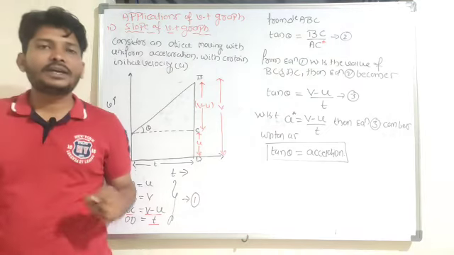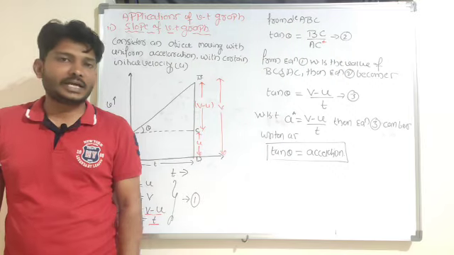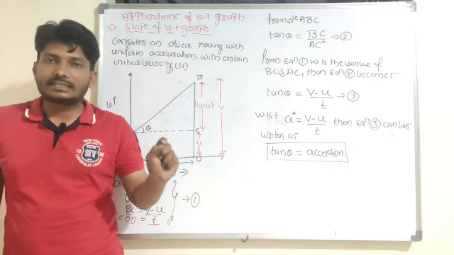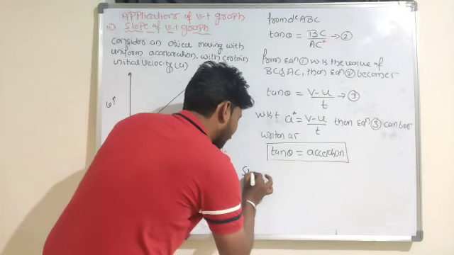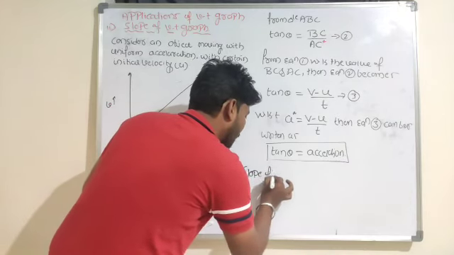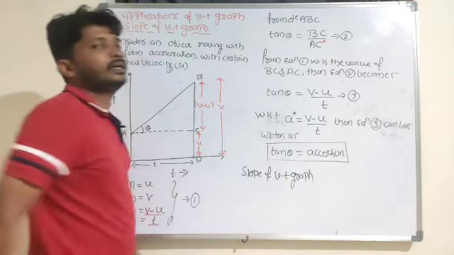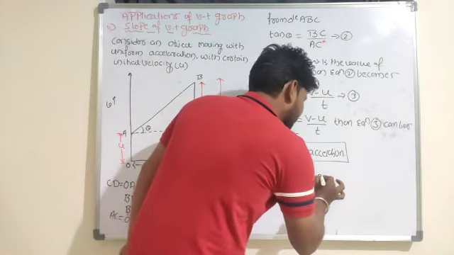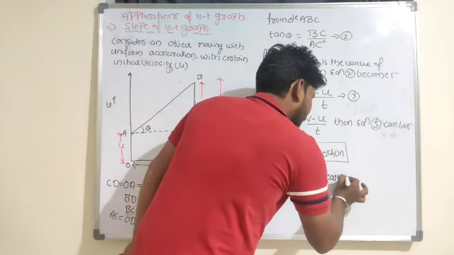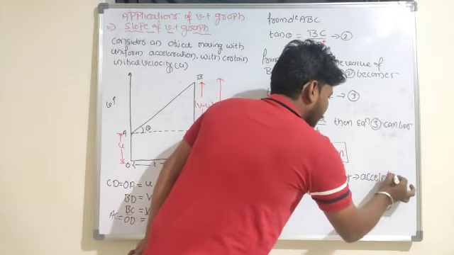Remember one point here: in the case of a VT graph, the slope of the velocity time graph measures acceleration.